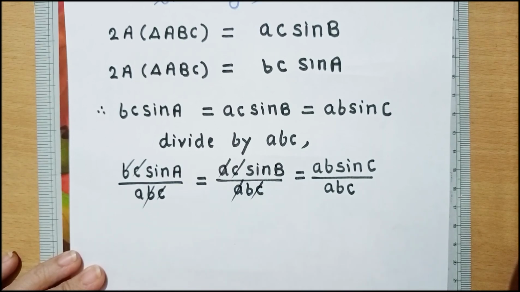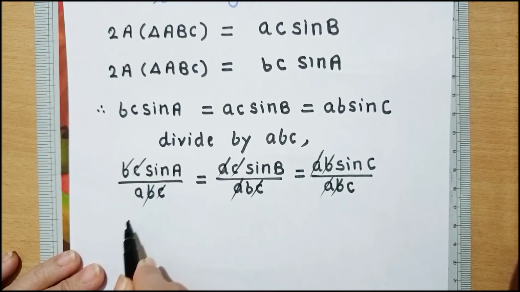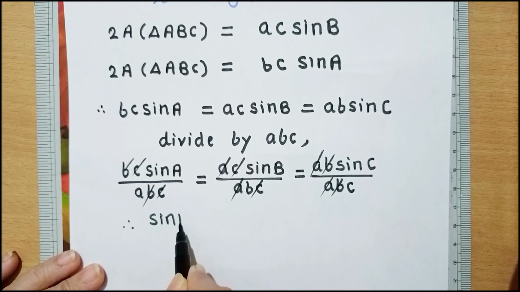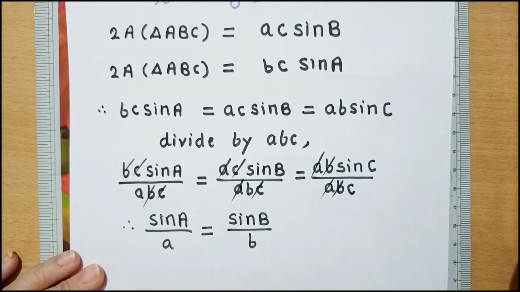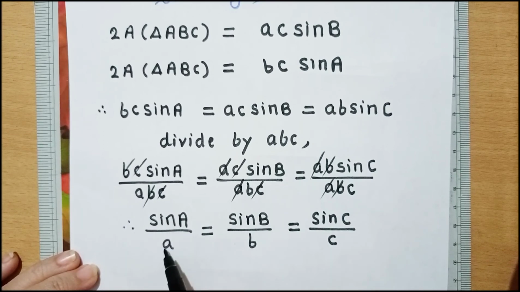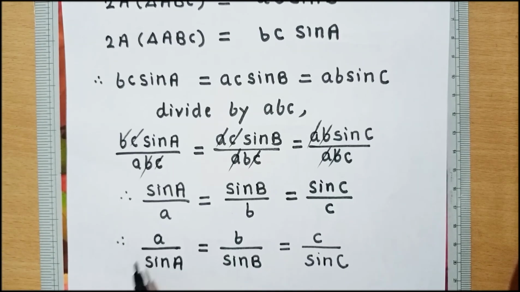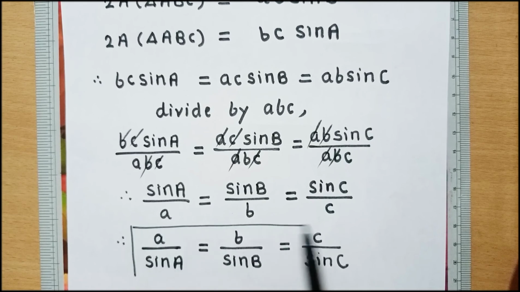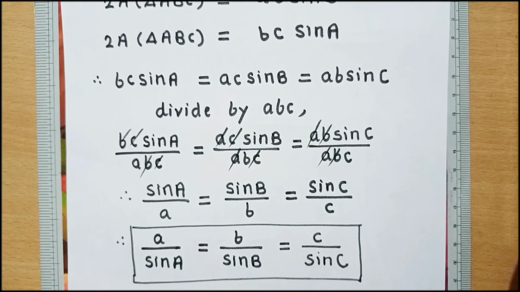Here a and c get cancelled, and here a and b get cancelled, and so we have sin A upon small a, and that is equal to sin B upon small b, and again that is equal to sin C upon small c, and again by invertendo, meaning interchanging numerator and denominator, we have a upon sin A equal to b upon sin B equal to c upon sin C.